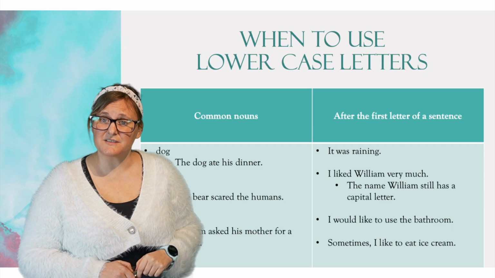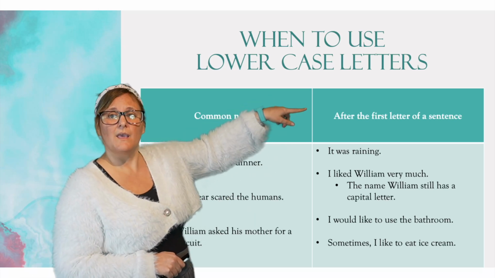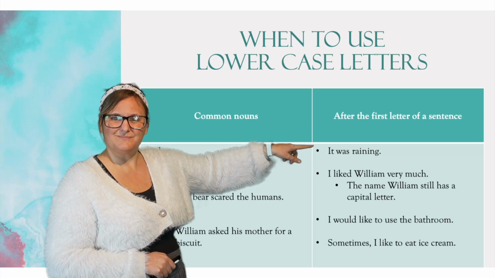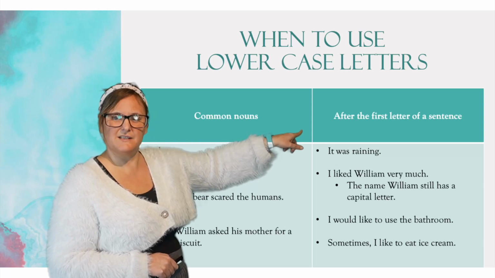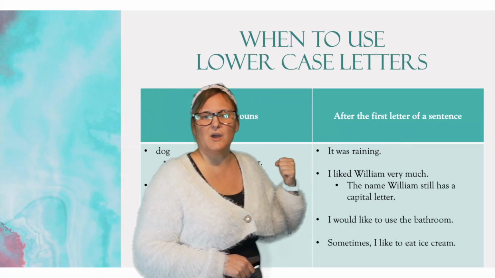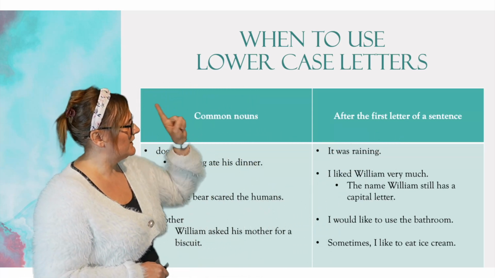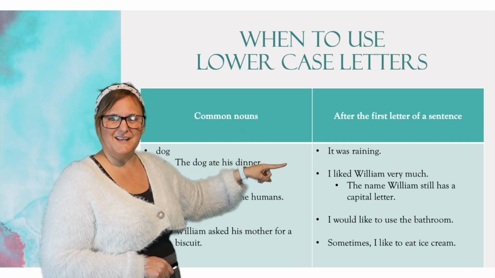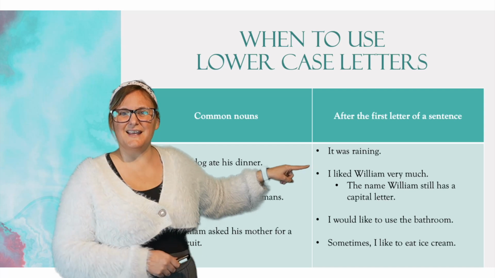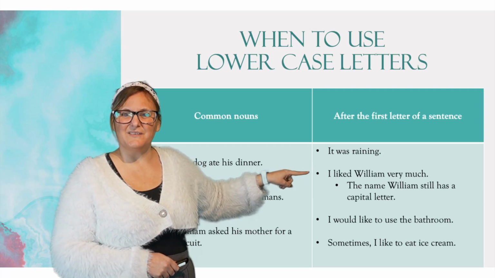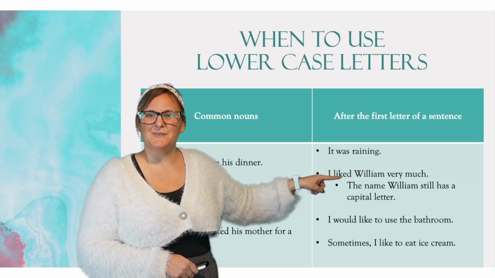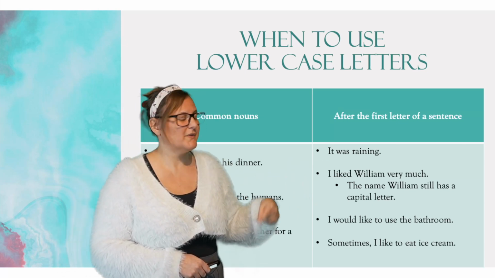So we've discussed this. Let's look. It was raining. First letter is a capital, and all of the others are lowercase letters. This one has two capital letters. So let's look. We have I liked William very much.